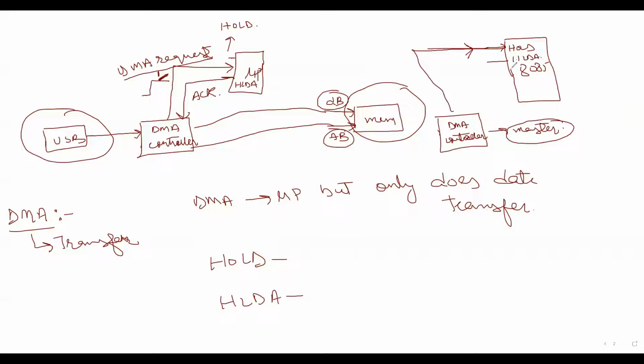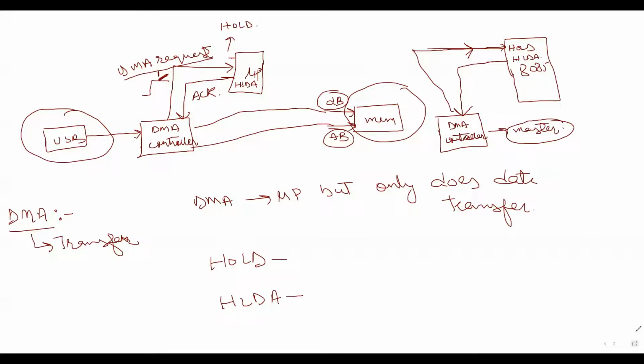When my microprocessor is ready to give access to the DMA controller, it sends an acknowledgement through the HLDA pin. HLDA is an output pin on the microprocessor 8085, and hold is an input pin to the microprocessor 8085.